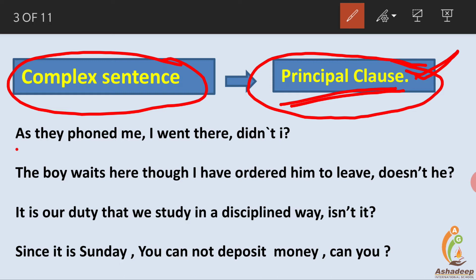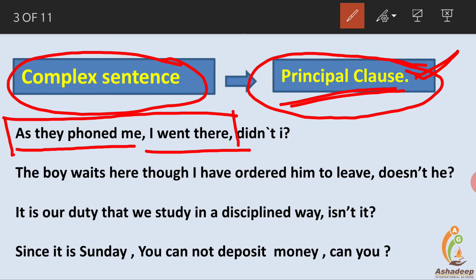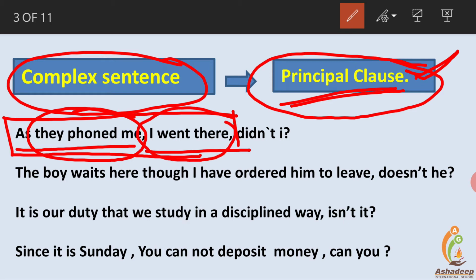Let's study an example. As they phoned me, I went there. It is a complex sentence since there are two clauses. They phoned me, it's the first clause. I went there, it's the second clause, and it's the principal clause.